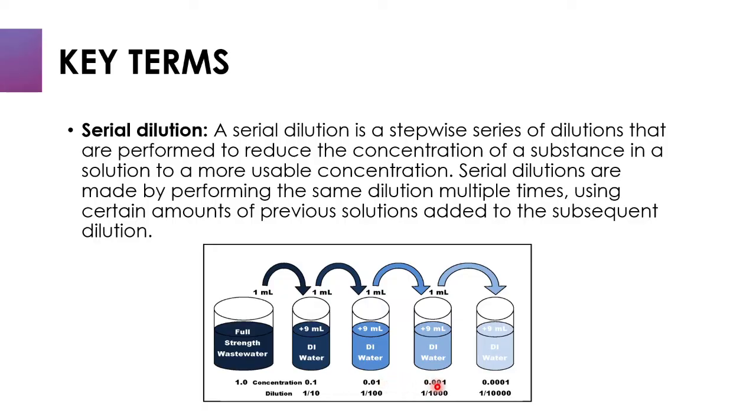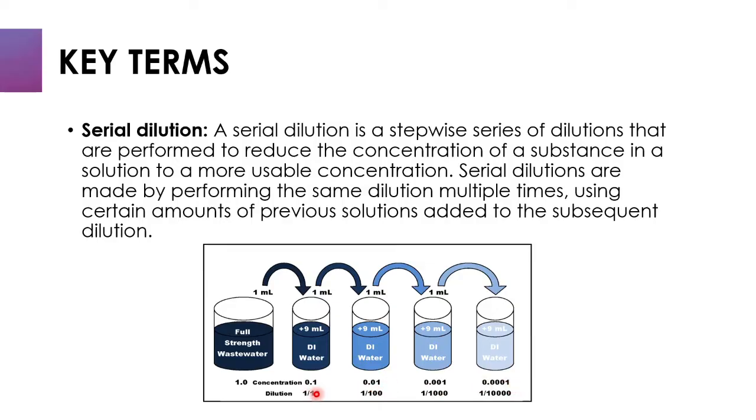And to prepare this concentration, we pick 1 ml of the 0.01 molar concentration and add it to 9 ml of the deionized water to prepare the 0.001 molar concentration. To prepare this concentration also, we pick 1 ml of the 0.001 molar solution and add it to 9 ml of the deionized water or distilled water to prepare the final concentration of 0.0001 molar.